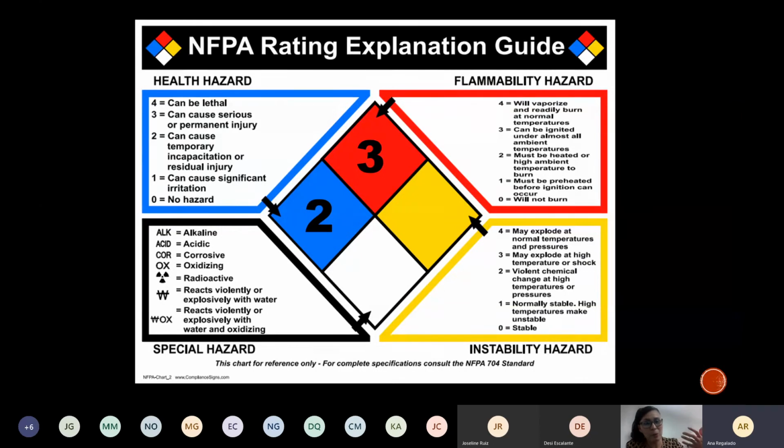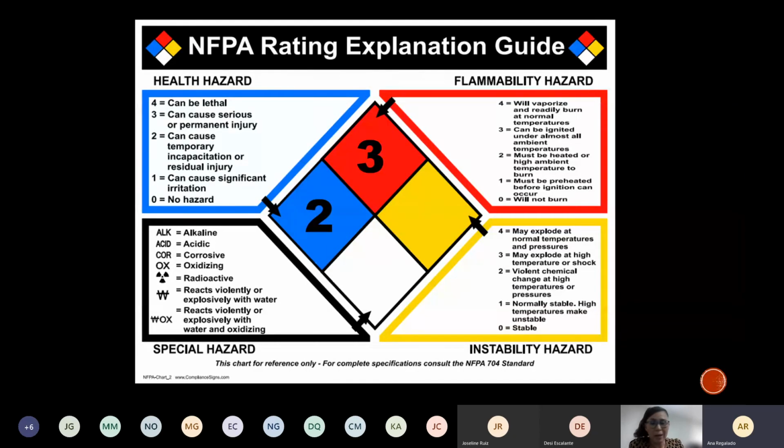But if it was higher, like a 3, that would be something that, for example, if you're exposed to it, it could actually give you cancer, or it could trigger some kind of illness in your body. So obviously, you've got to be very careful the higher the number is.